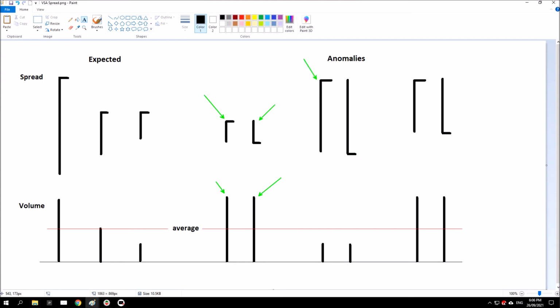Now we've got a wide spread on low volume, and same again, wide spread, low volume, the difference being the high close on this bar and the low close on this bar. This one's a bit easier to understand. Generally, a wide spread on low volume means there's been some sort of imbalance in the market.